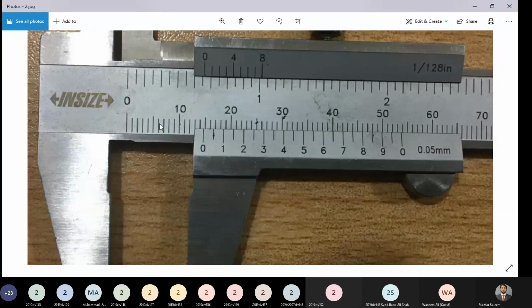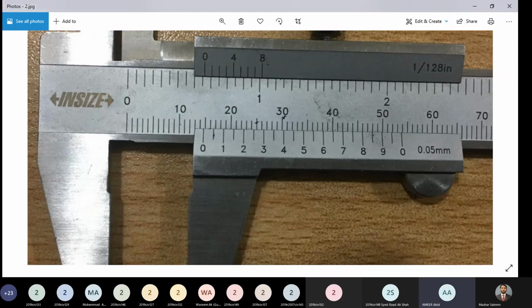This is the 5th line. Then up to here, this is the 10th line, means 10 millimeters. Okay. 11, 12, 13, and 14. So 14 lines of the main scale are present prior to the 0 of the vernier scale. That's why main scale reading is 14.